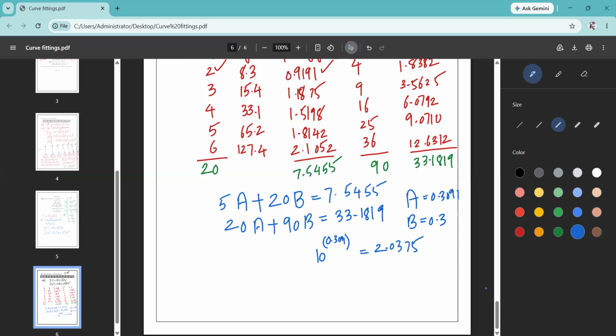And again, 10 to the power of this is nothing but small b, which is equal to 1.9953. If you perfectly fit, you will get the curve 2.0375, this is a, and our b value is 1.9953, whole to the power of x. This is your final answer.